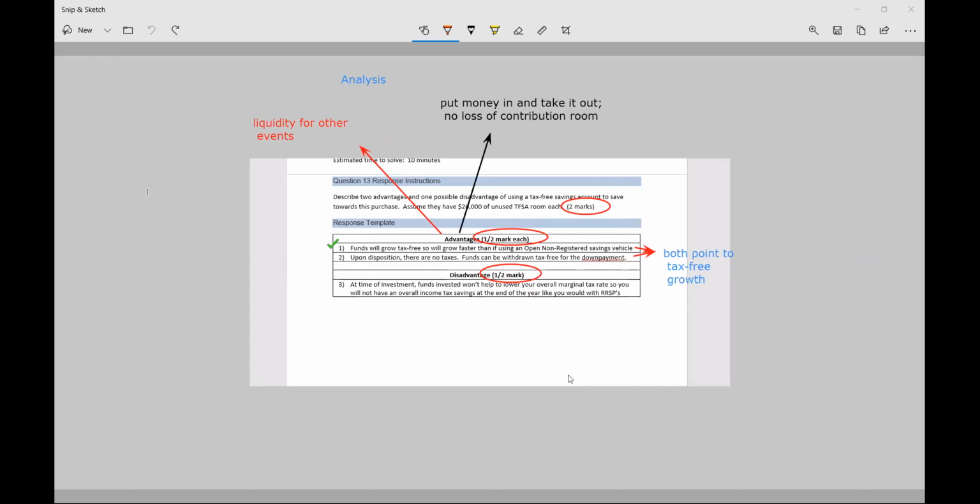And no deduction for the disadvantage. What do we think about Melissa's disadvantage here? Do we like it? Is no tax deduction a disadvantage? I think it is. If you're comparing to the RRSP, I think that's valid.